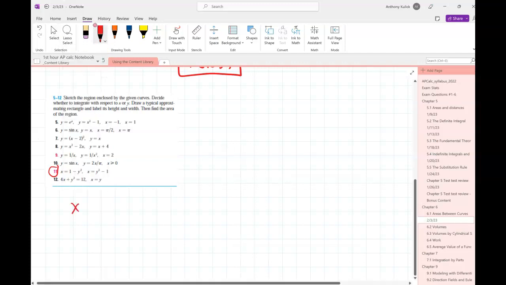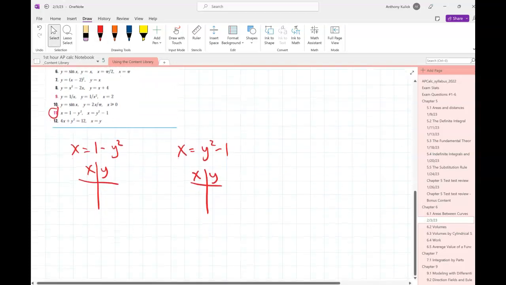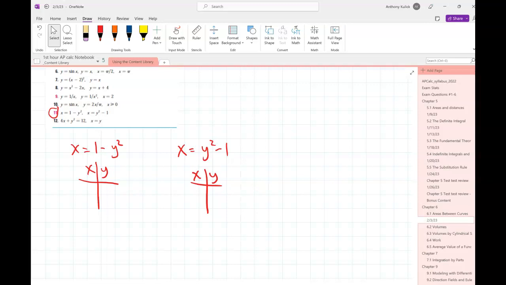So we'll start by graphing this, because maybe it's not entirely obvious what even the graph of this is going to look like. Anybody can take a look and tell me what the graph is going to look like?